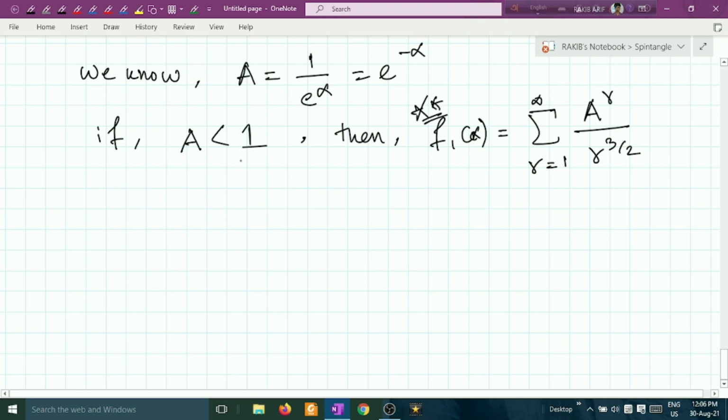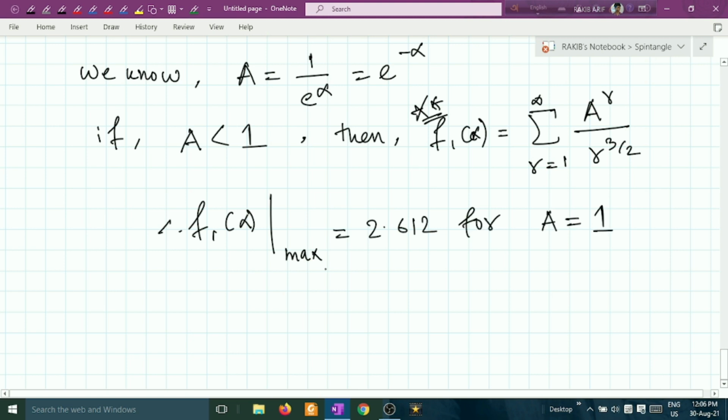Okay, if a is less than 1, for f1 of alpha, f1 of alpha max here, its value is 2.612 for a equals to 1, and f1 of alpha minimum becomes equal to a for a very less than 1.